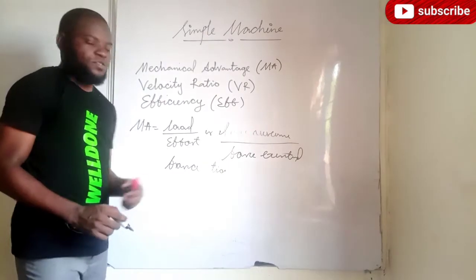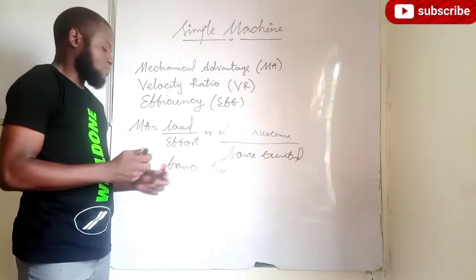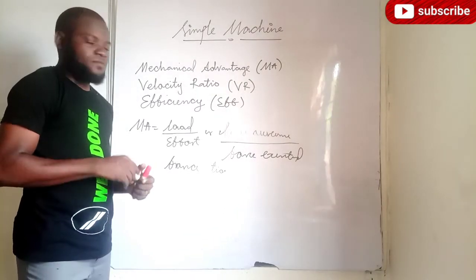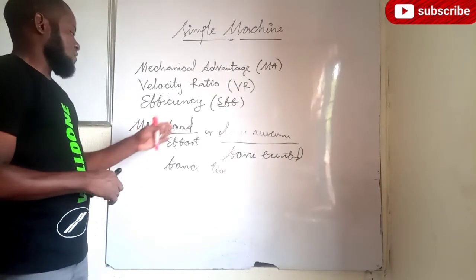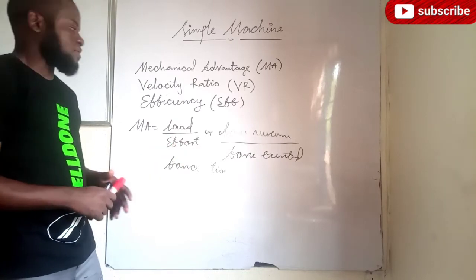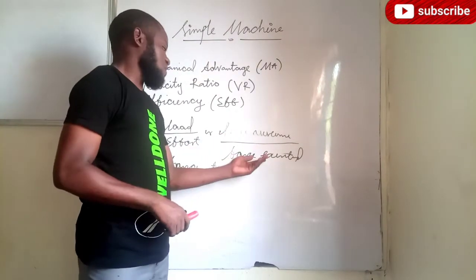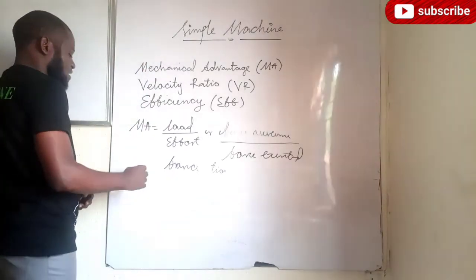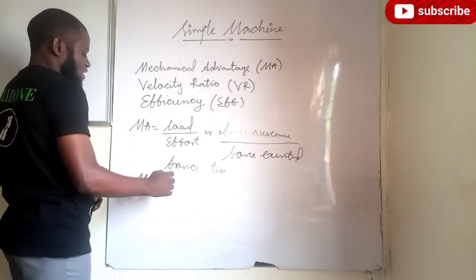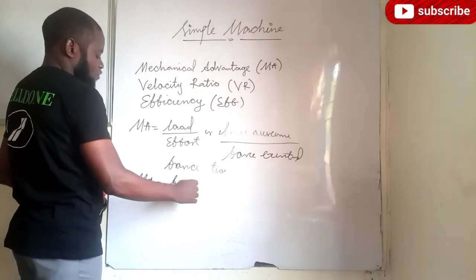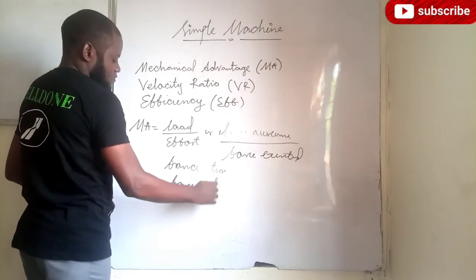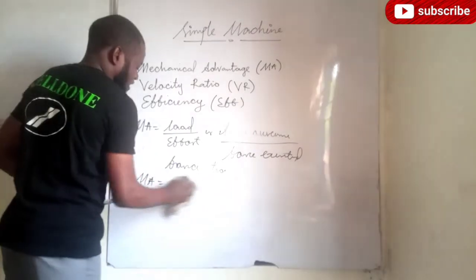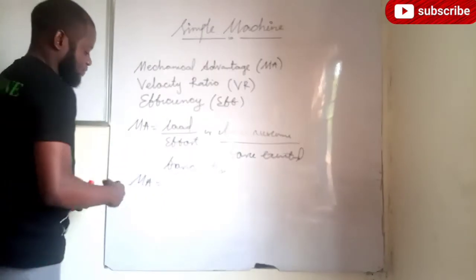It's a scalar quantity because it is a ratio. So mechanical advantage is load over effort, or force overcome divided by force exerted. We can also say that our mechanical advantage is the force output divided by the force input.